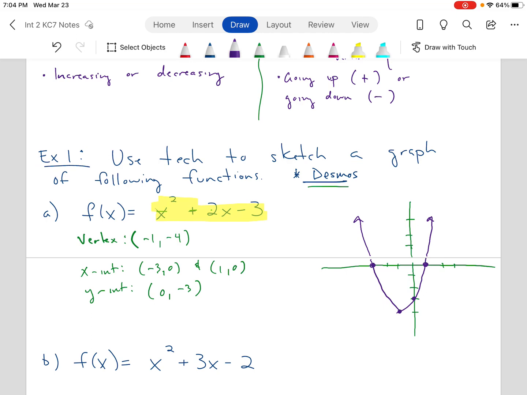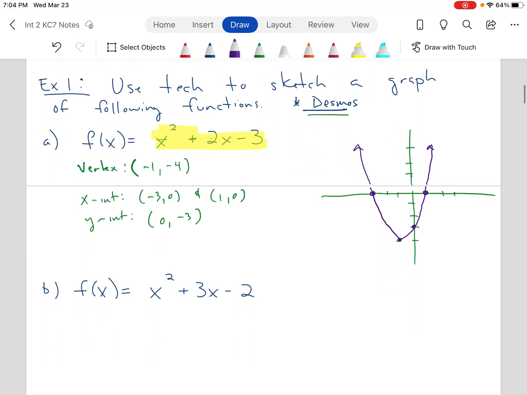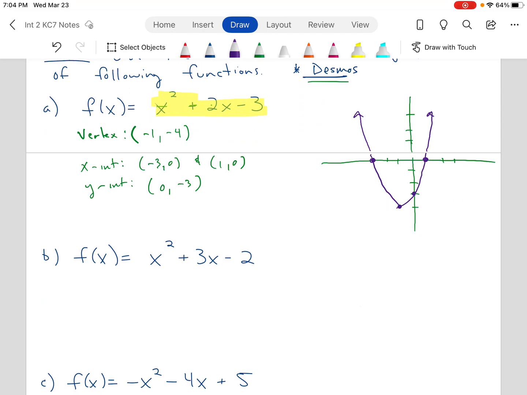That's it. So those are your key features that you need in order for you to graph a quadratic function. So we're going to go ahead and do the same thing here. Okay, so I'm only going to plug in this right side of my equation and figure out what the vertex is, the x-intercept, and the y-intercept.